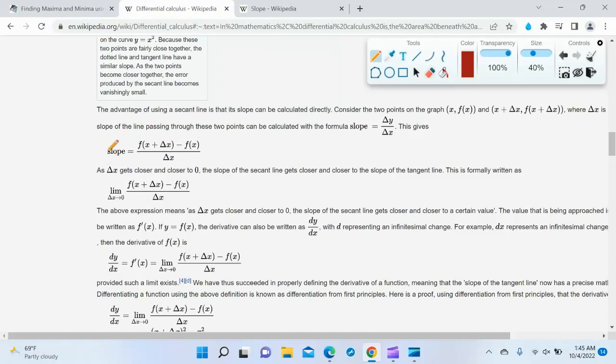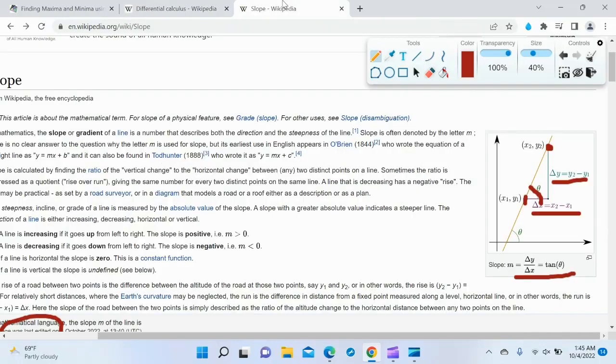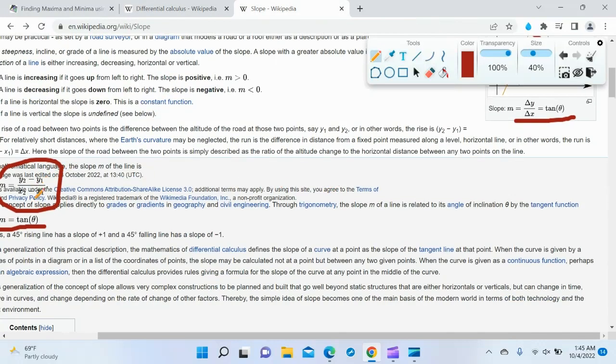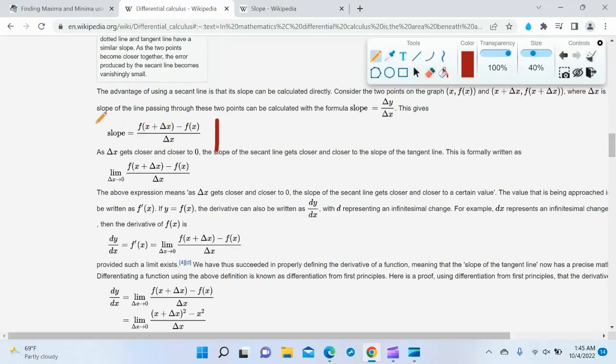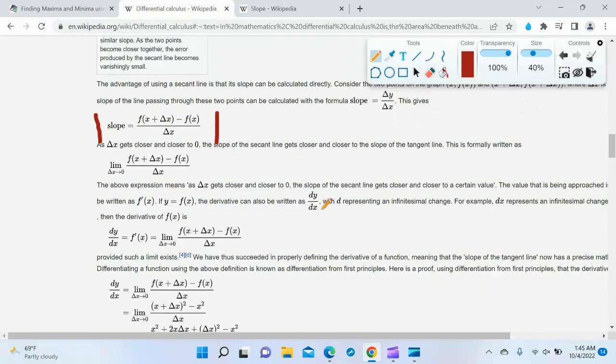If someone asks what the slope will be, it is f of x plus delta x, minus f of x, divided by delta x. Here f of x is nothing but your y, so the difference in f is y2 minus y1, and the change in x is x2 minus x1, as I explained earlier. This will be our slope.